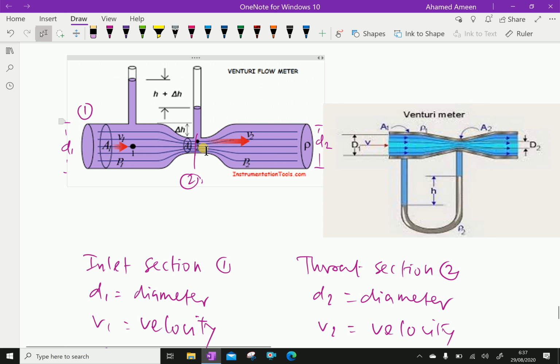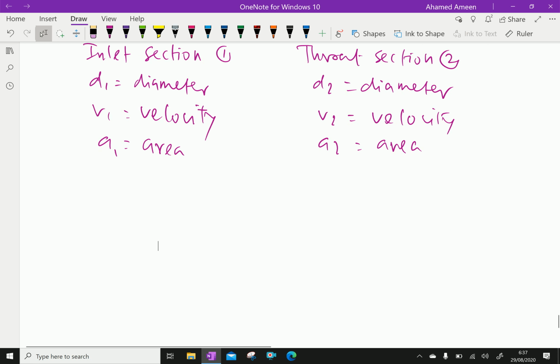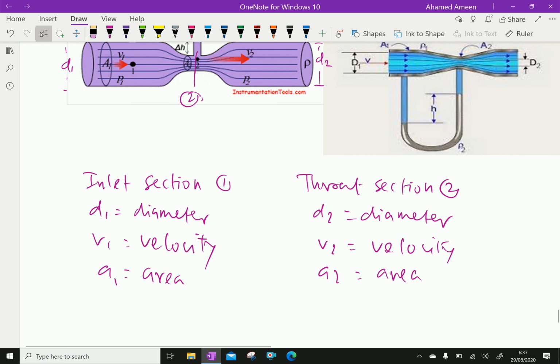Due to that increase, a partial vacuum is created, so the pressure is reduced, and here the pressure is higher. Now the pressure difference is H, and here is D2.